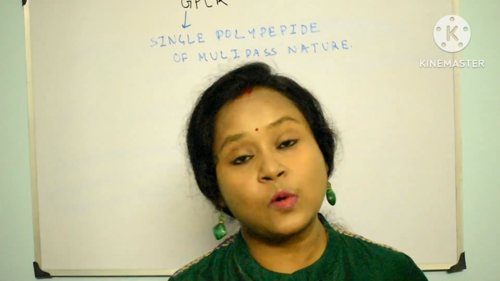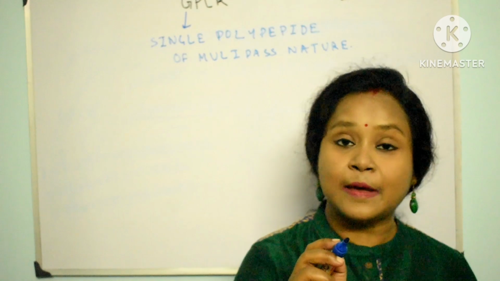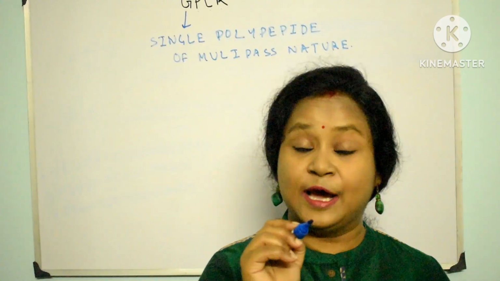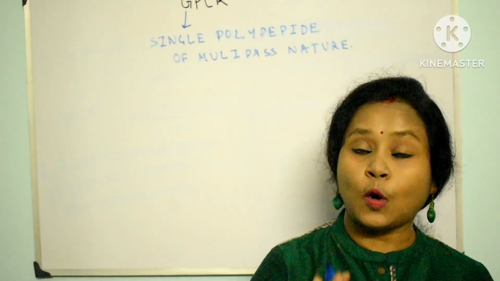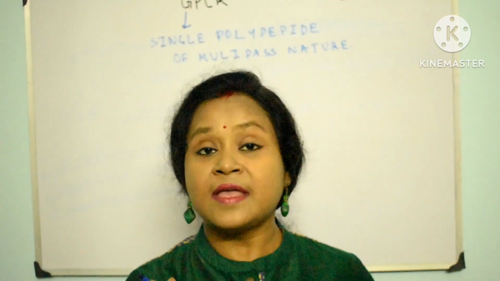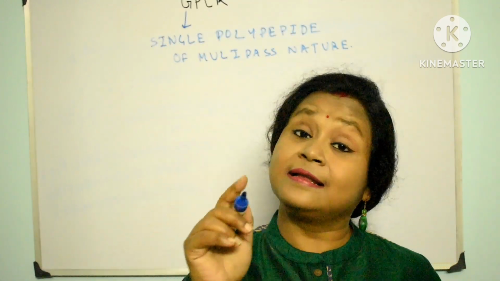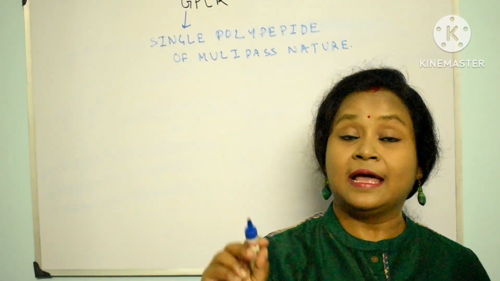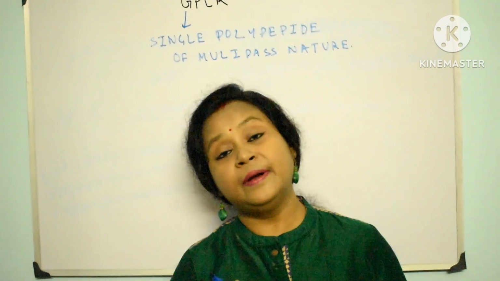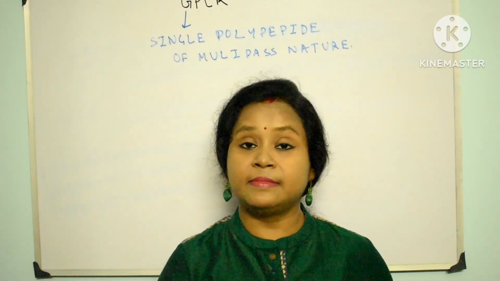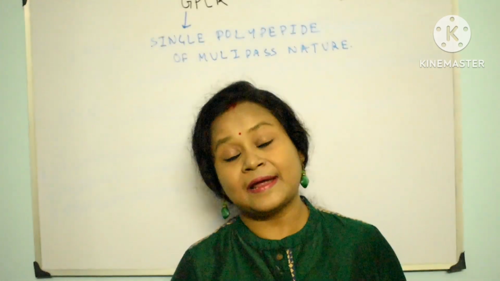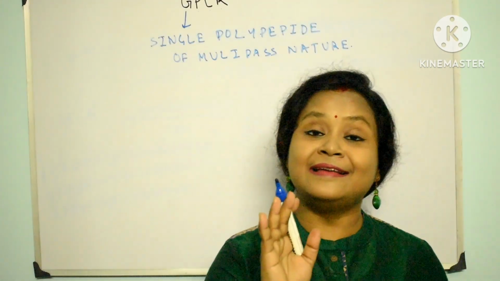That's why it's called a serpentine receptor. Note this point very carefully. GPCR crosses the lipid bilayer of the plasma membrane, protein, lipid, protein, 7 times. That's why this receptor is called a serpentine receptor.